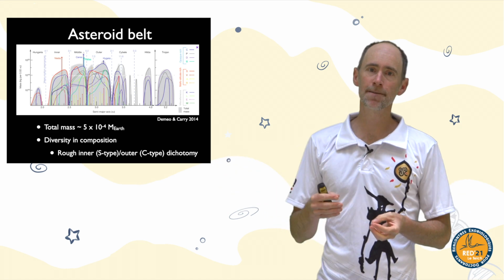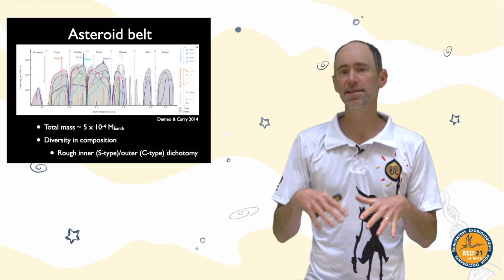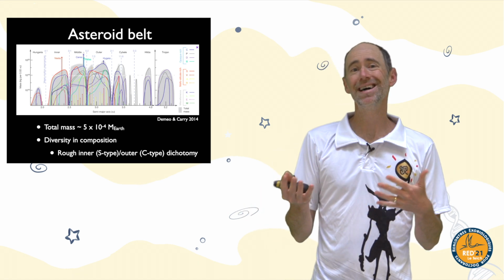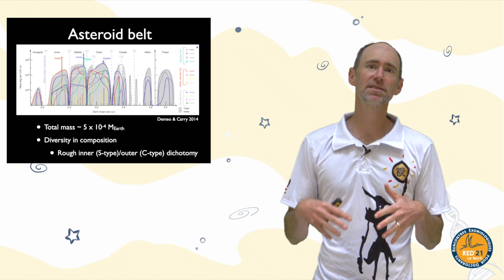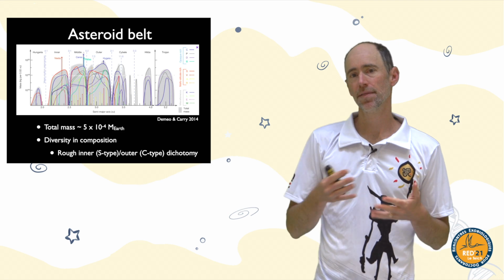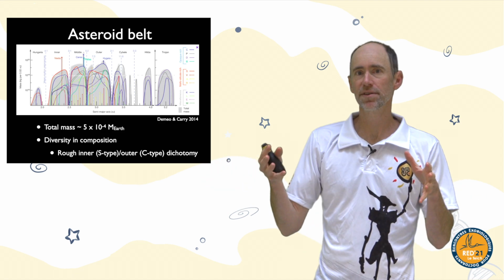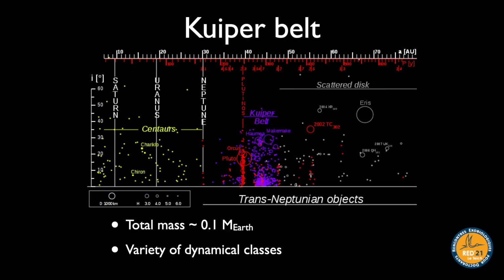As you can see in this plot, there's many different types of asteroids, and the inner belt is dominated by what we call S-type asteroids, things that are relatively dry. And beyond 2.5 AU or so, the belt is dominated by what we call C-types, things that are relatively volatile rich.